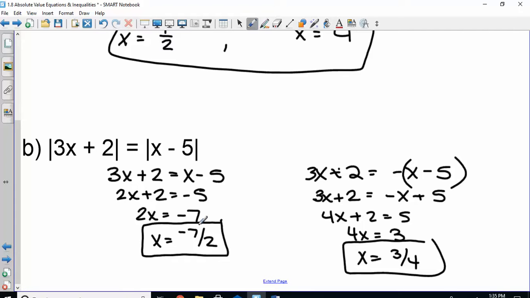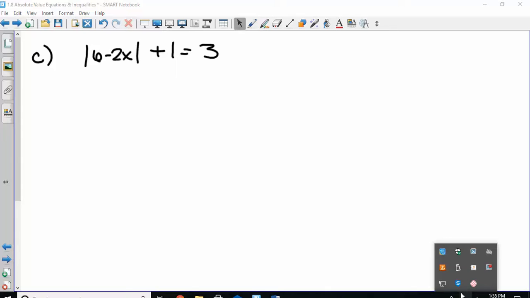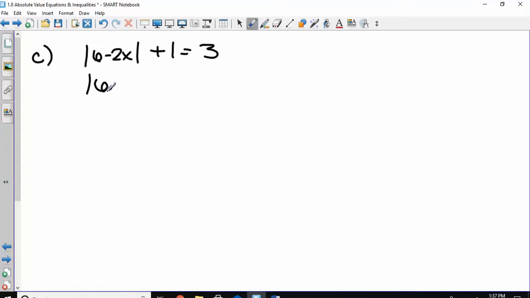I'm going to put one up here for you guys. So here is your problem. Solve that. Have to isolate the absolute value before you make your two different equations.